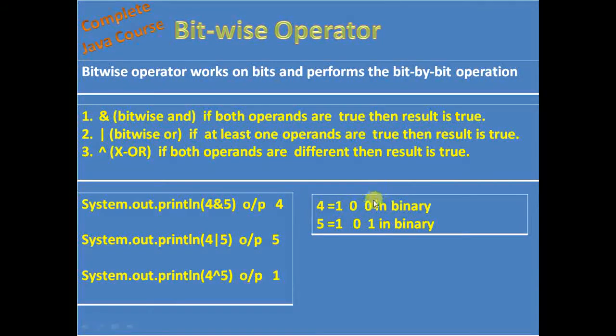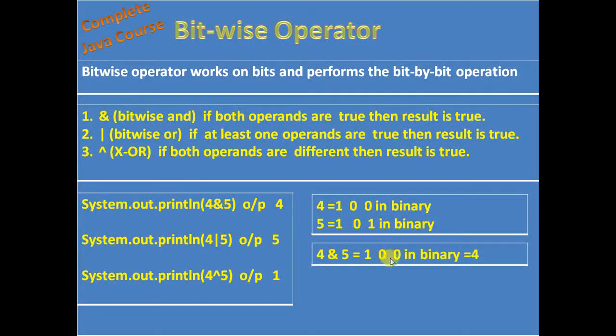So 0 and 1 are different operands, so the result is 0. 0 and 0 is 0, then 0 and 1 will be 1. If you convert these binary digits 1 0 0, it will be 4.